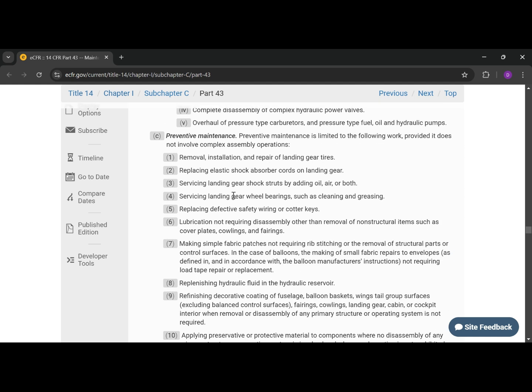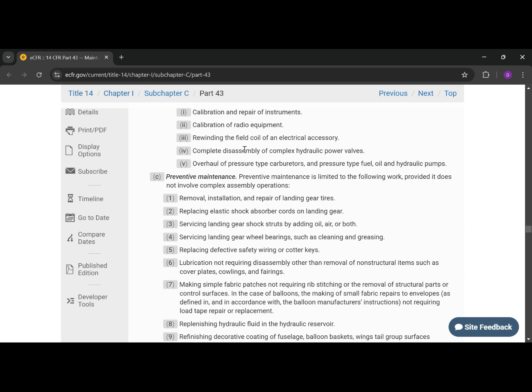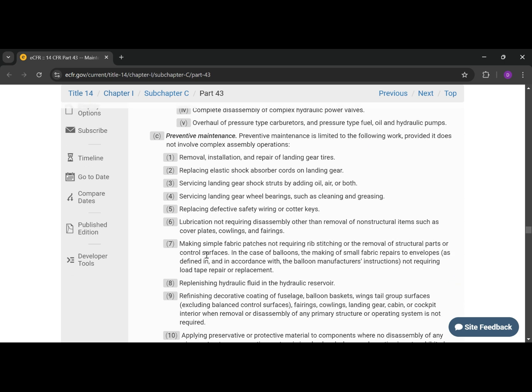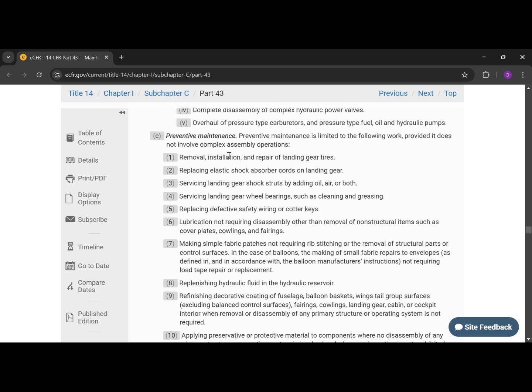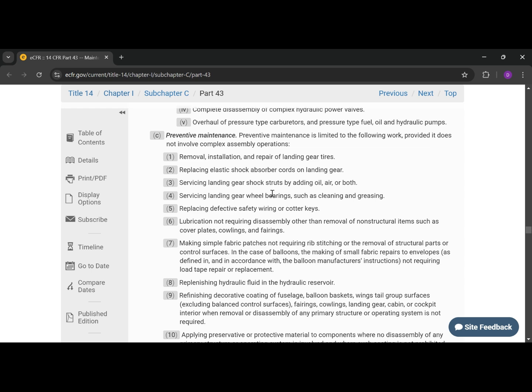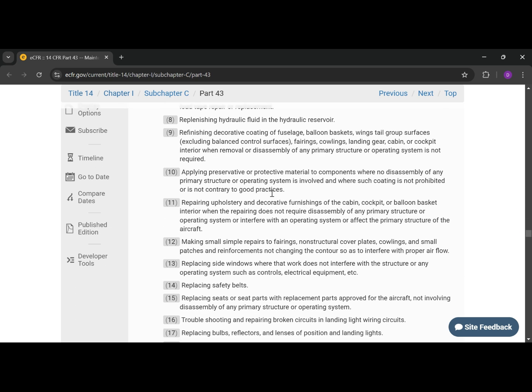Preventative maintenance. Preventative maintenance is limited to the following work provided it does not involve complex assembly operations. And these are examples of preventative maintenance, such as servicing landing gear wheel bearings, such as cleaning and greasing. And you'll notice that these procedures aren't really that technical.